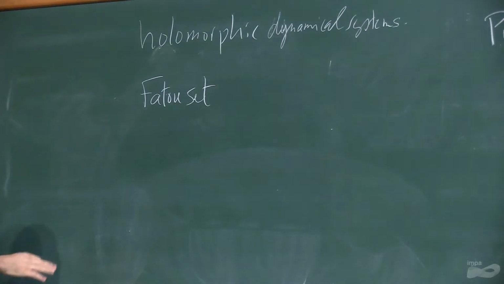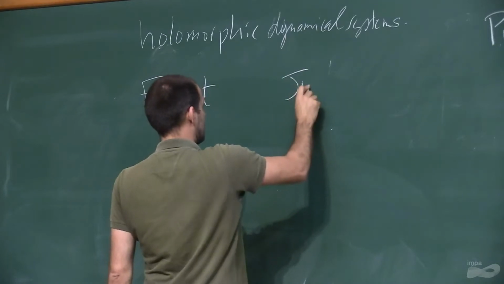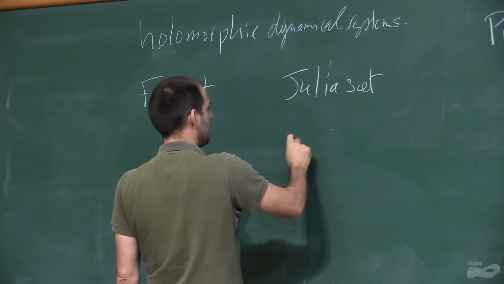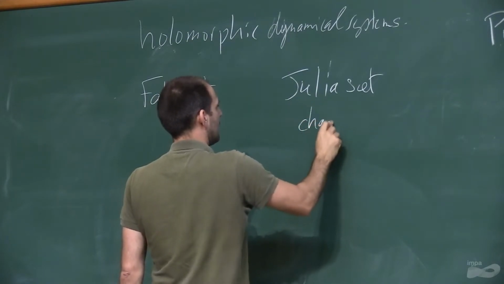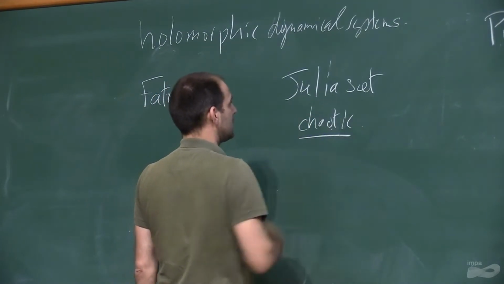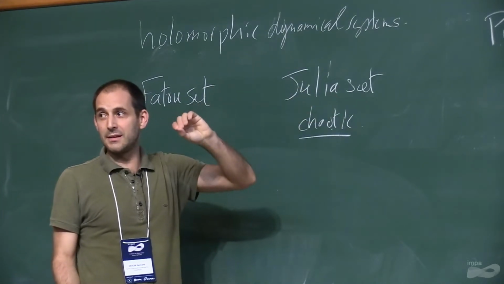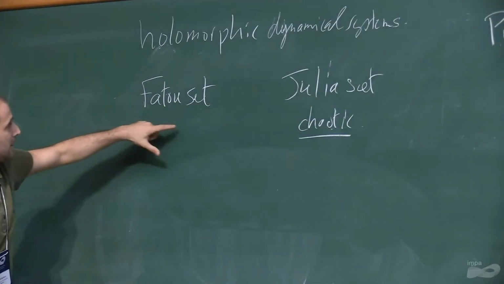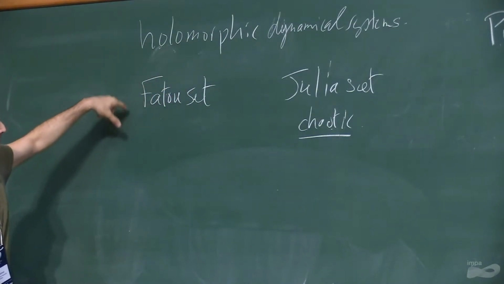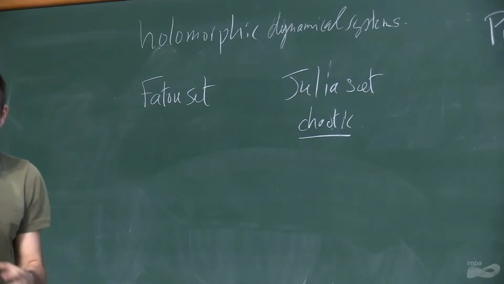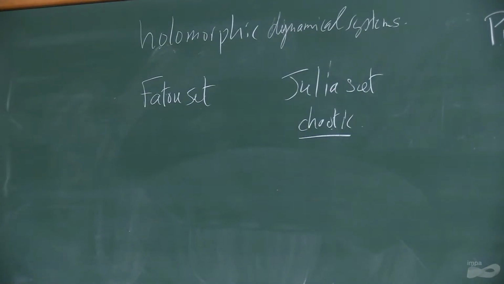You have a complete classification of the dynamics on these sets. And the Julia set, where basically the dynamics is chaotic. But it turns out that often those Julia sets have 0 Lebesgue measure, so they are very thin. And there are open subsets of the parameter set where this happens. So this is exactly what happens also in this situation.